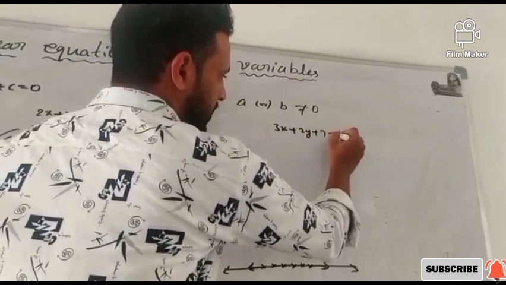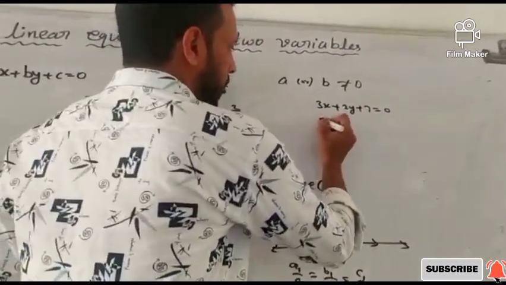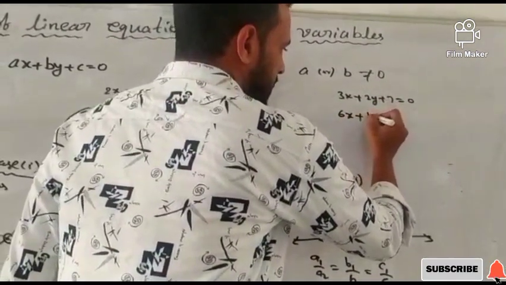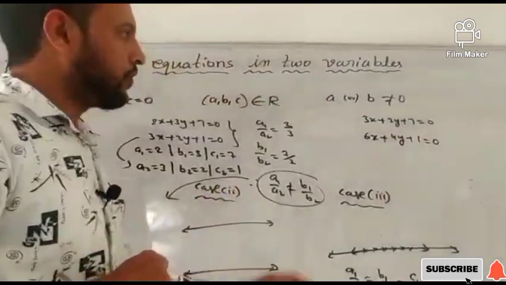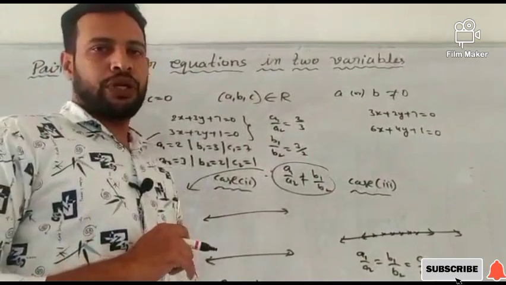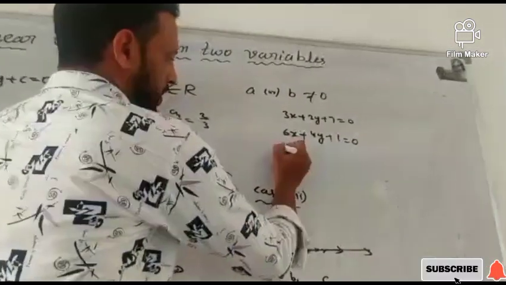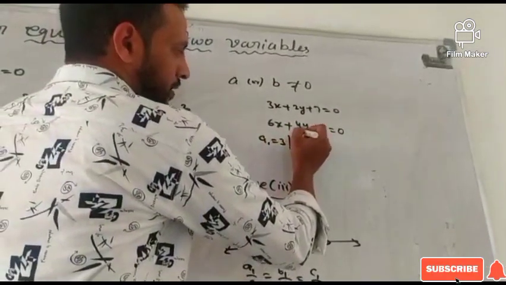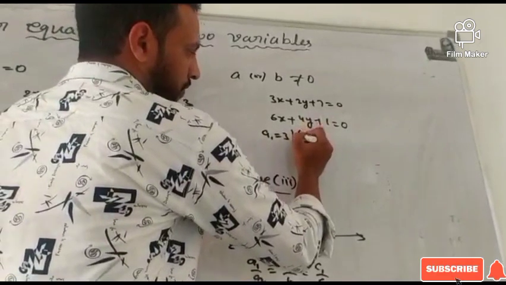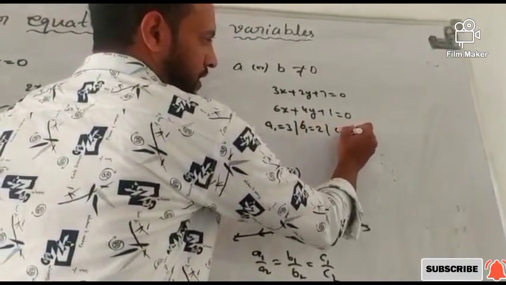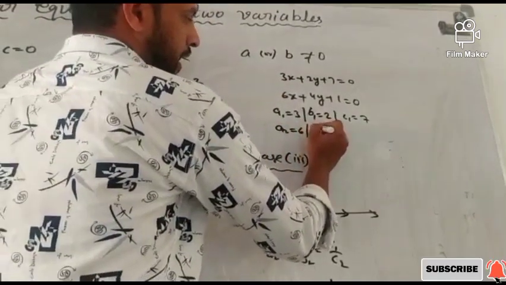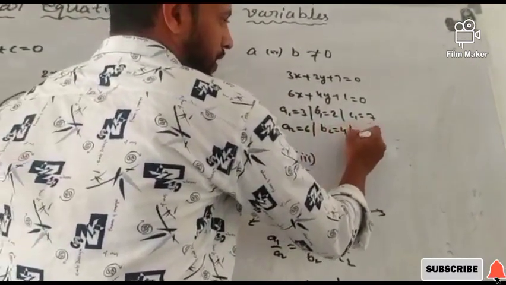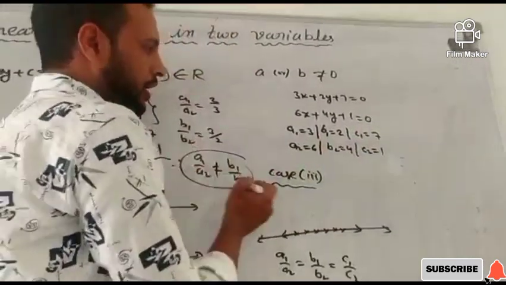3x plus 2y plus 7 is equals to 0 and 6x plus 4y plus 1 is equals to 0. Now we are going to check the relative positions of these two lines again. So a1 is 3, b1 is equals to 2 and c1 is equals to 7, and a2 is equals to 6, b2 is equals to 4, c2 is equals to 1.